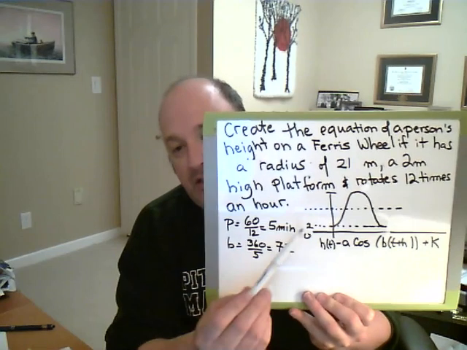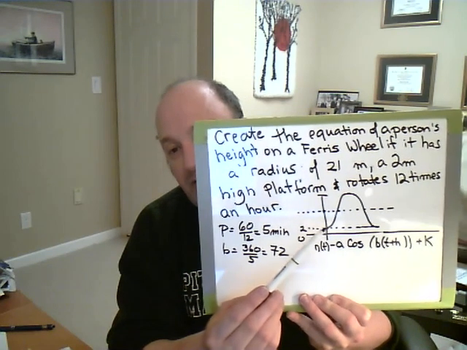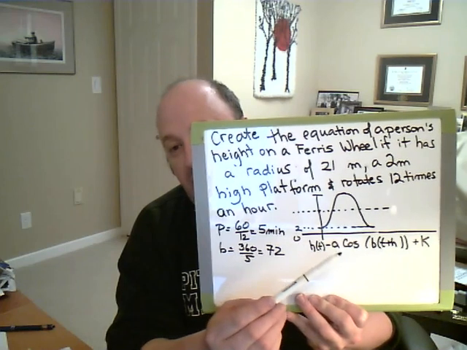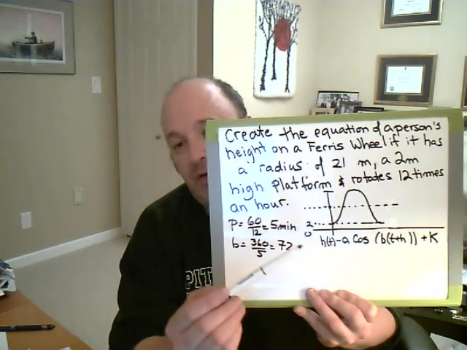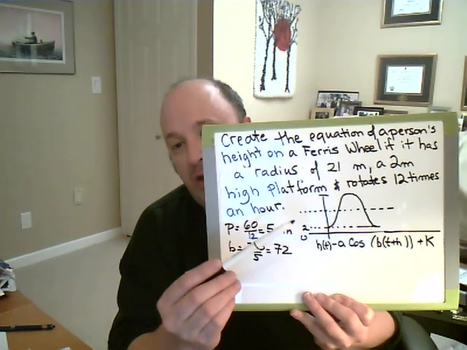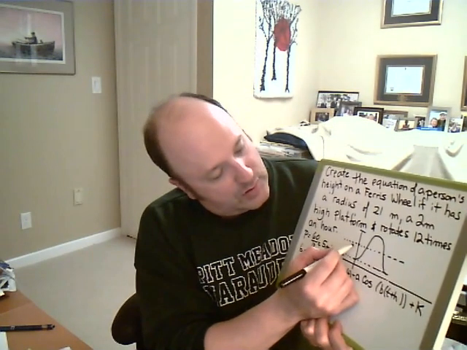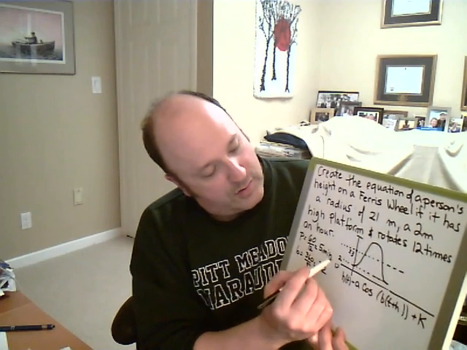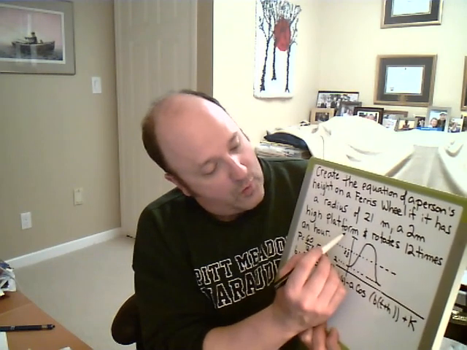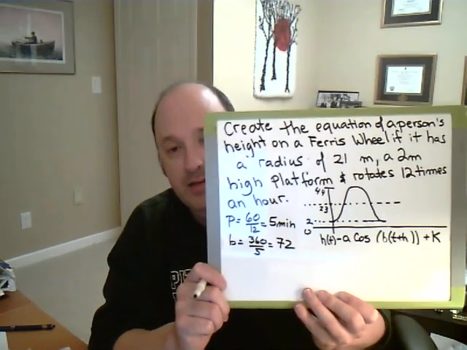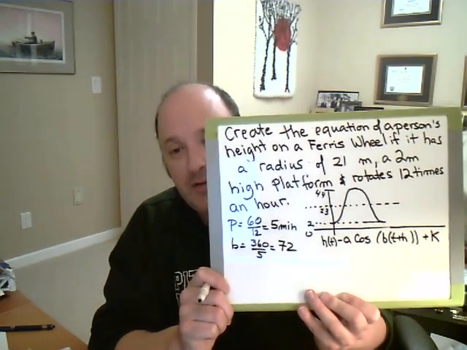And we know that h is 0. It's not moving anywhere sideways. And then I have to figure out a and k. I know the bottom is 2, and I know that the radius is 21. So 2 plus 21 is 23, and then another 21 is 44. I just have to think about radius instead of diameter this time.